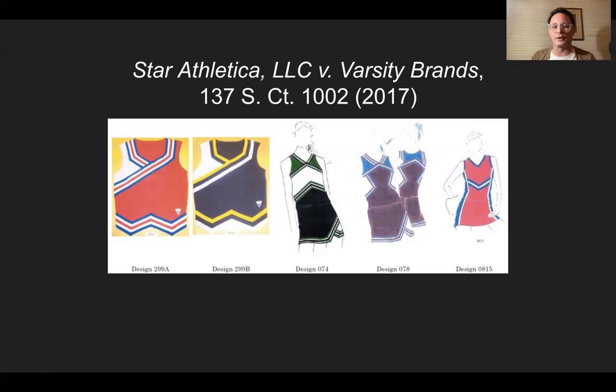This is not clothing. This is an image of clothing, and an image of anything is potentially protectable. Therefore, there could be copyrightable subject matter. And notably, the Supreme Court didn't say that the designs in question were actually copyright protected or that there was any infringement, right? The only question posed was, could the designs potentially be protected?